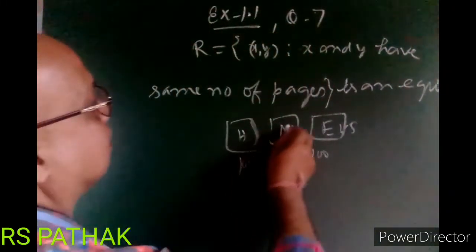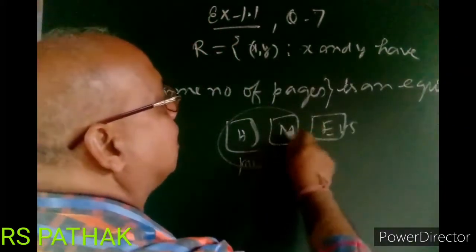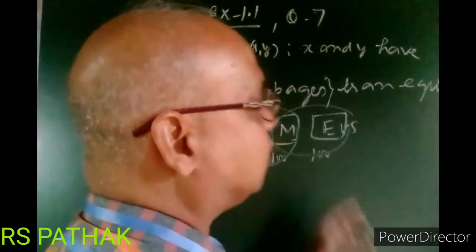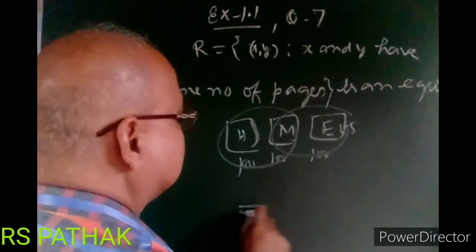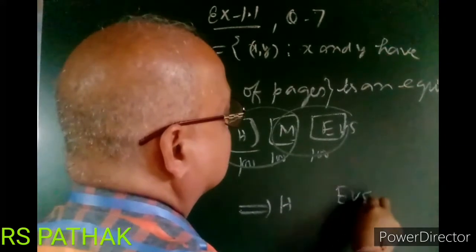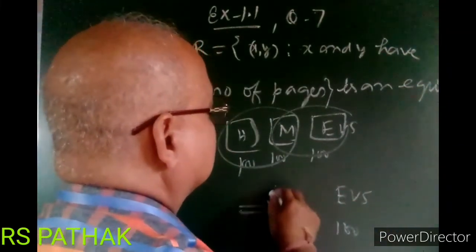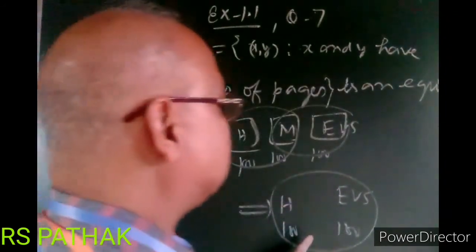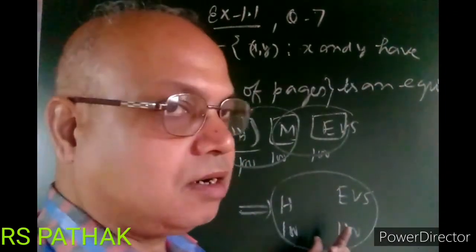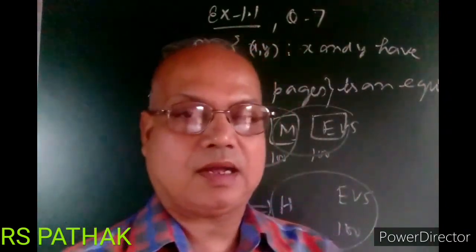I am taking Hindi and math, same number of pages. I am taking math and EVS, again 100 pages. If I take Hindi and EVS, in this again the number of pages is 100. Therefore, this will satisfy the transitive relation.